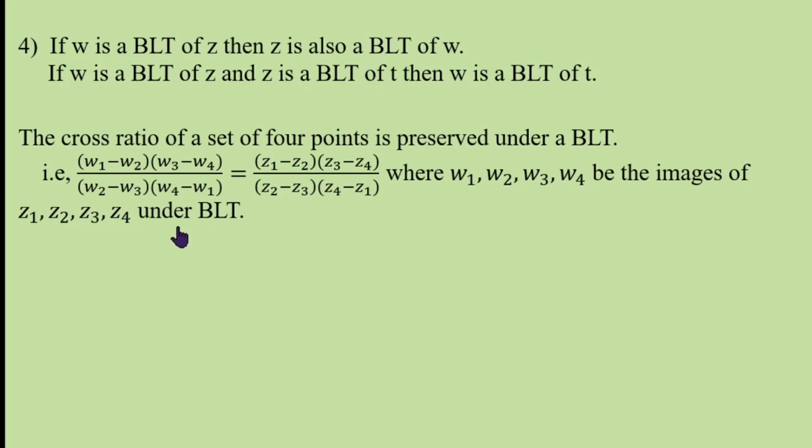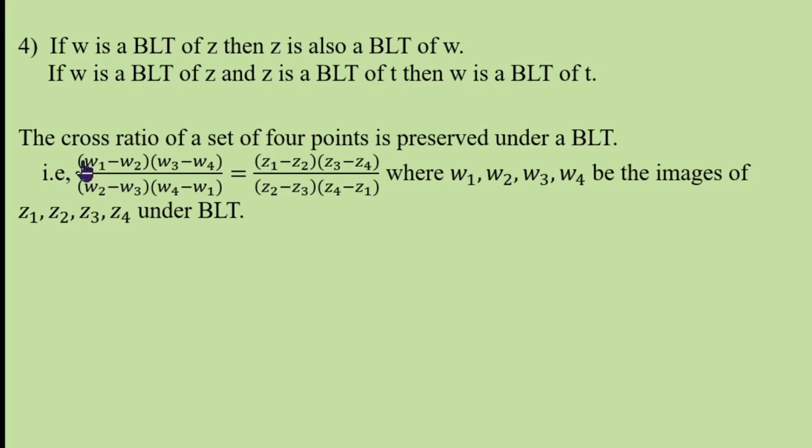Now, if three sets of points, that is Z1 and W1, Z2 and W2, Z3 and W3, are given, then how to find the bilinear transformation?